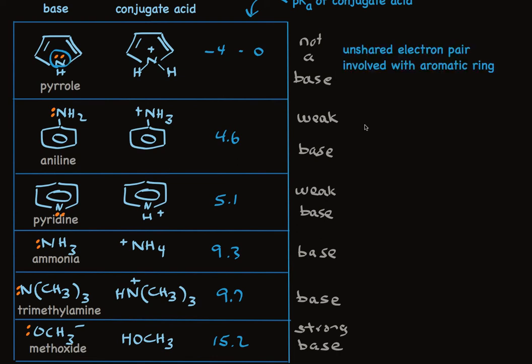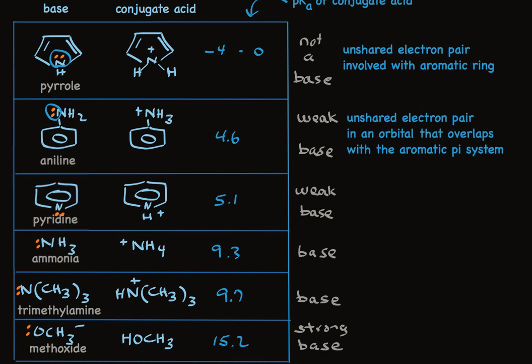So pyrrole is not basic. This unshared pair of electrons is in an orbital that overlaps with the aromatic ring pi system. So we can say it's conjugated with the pi system, and conjugation is good. When we protonate in that pair of electrons, that conjugation is destroyed. So that's going uphill.